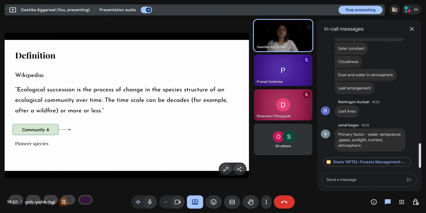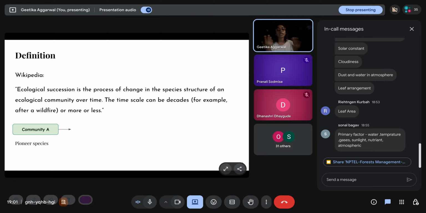So, when there's any ecological succession, there's first community A, which would be a pioneer community, which is the first community that comes and occupies that area after it has been made barren. It could be barren, for example, if there was a wildfire in a forest and now there's no trees left, or it could be because it's newly formed.